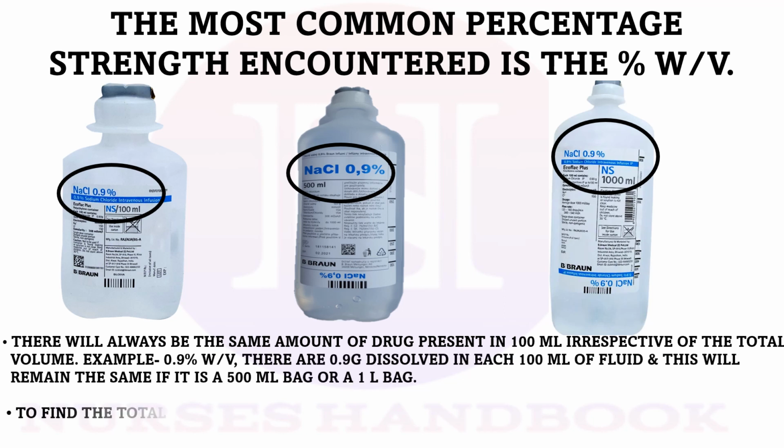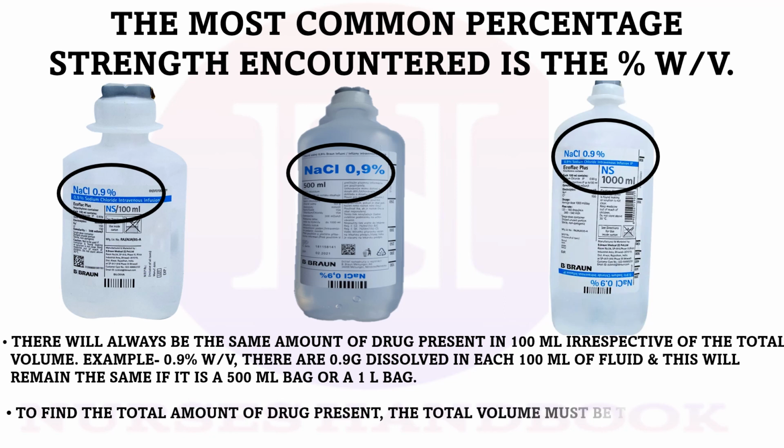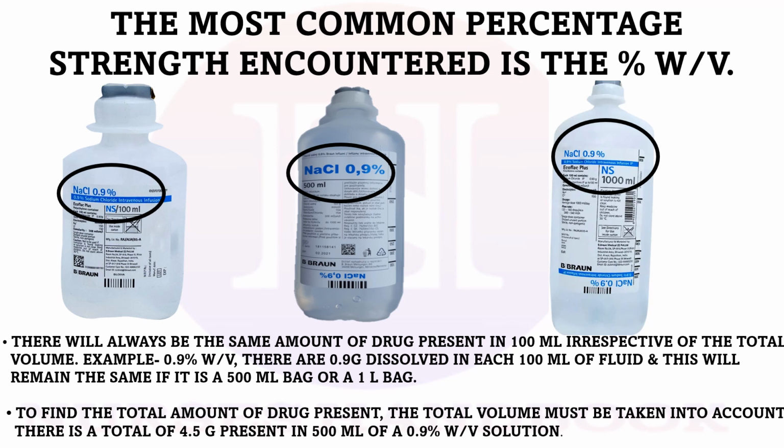For example, 0.9% W by V means 0.9 grams of sodium chloride is dissolved in each 100 ml of fluid, and this will remain the same if it is a 500 ml bag or a 1 liter bag. So to find out the total amount of drug present, the total volume must be taken into consideration.